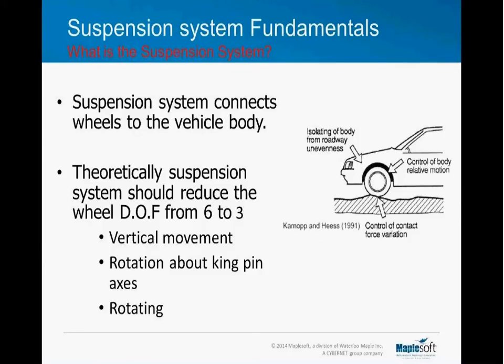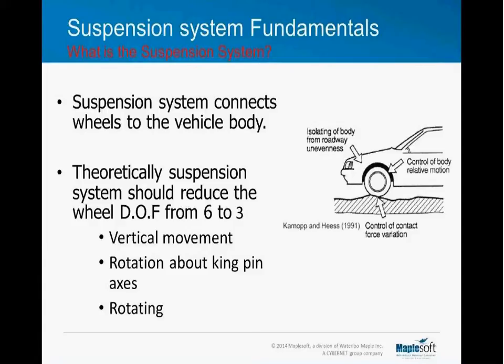But first of all, let's review something about the suspension system. The first question is, what is the suspension system? The suspension system connects the wheel to the car body, but the connection is not a simple rigid connection. A free wheel has 6 degrees of freedom, but the suspension system reduces it to 3 or 2 degrees of freedom, depending on the type of the wheel.